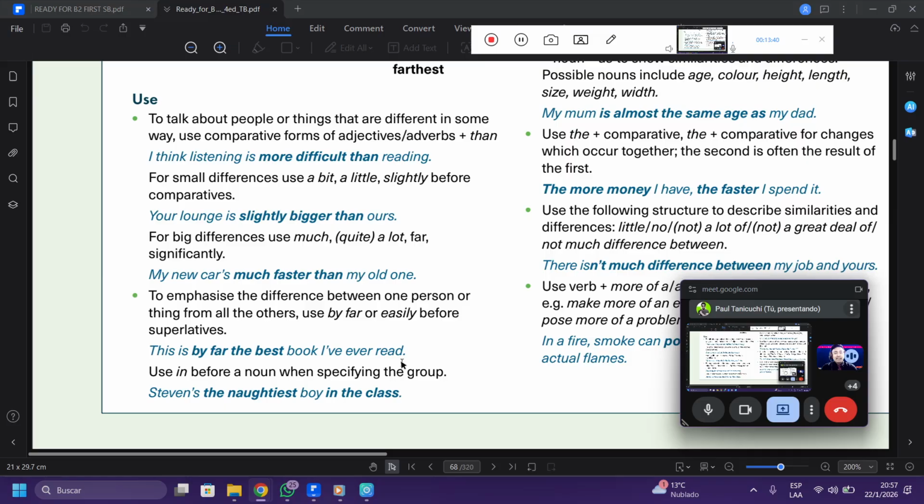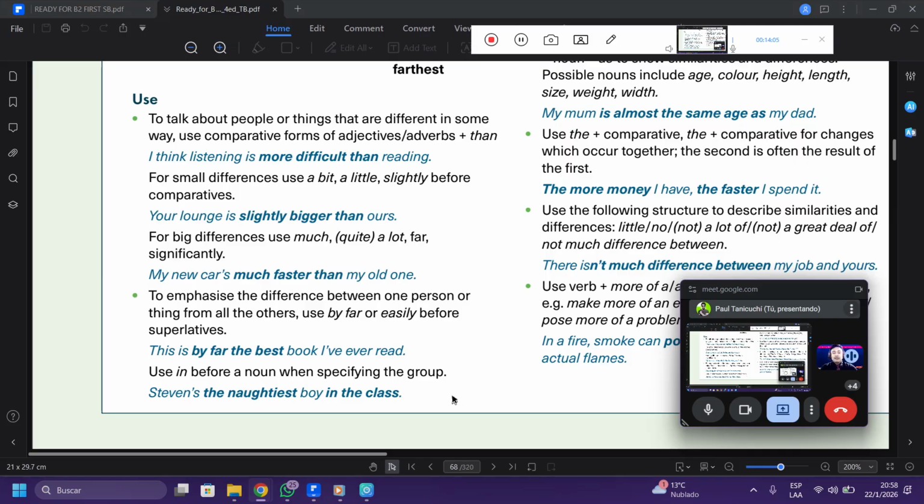You can say the easiest, maybe. The easiest homework that I have ever done. Yes. Okay. Now, do you have yours, Paulo? Maybe this is by far the best motorcycle that I have ridden in my life. Yes.